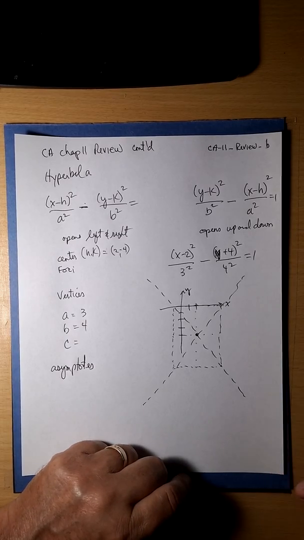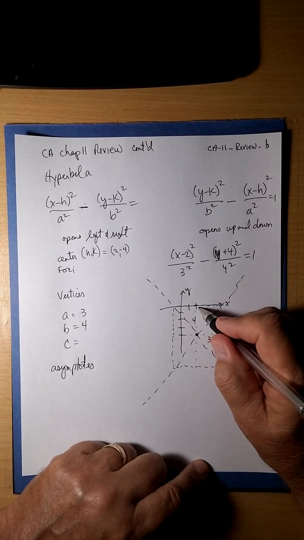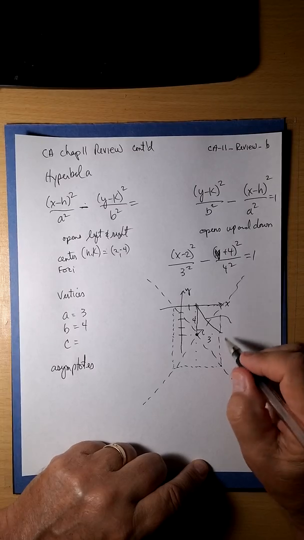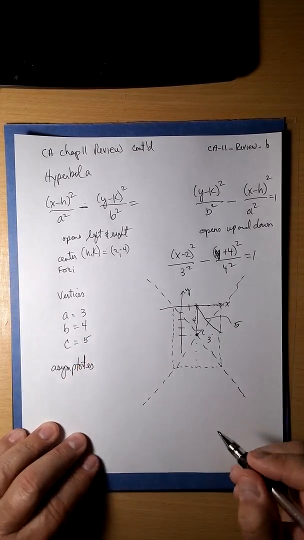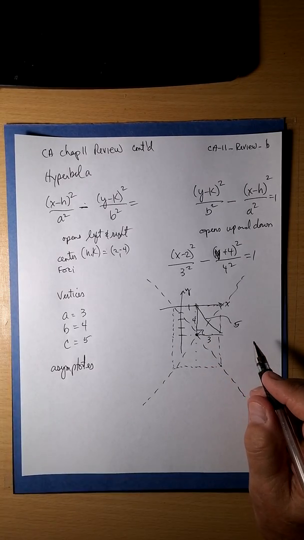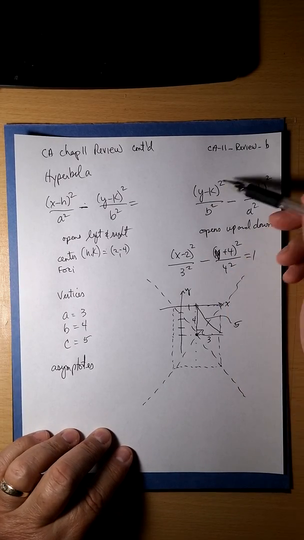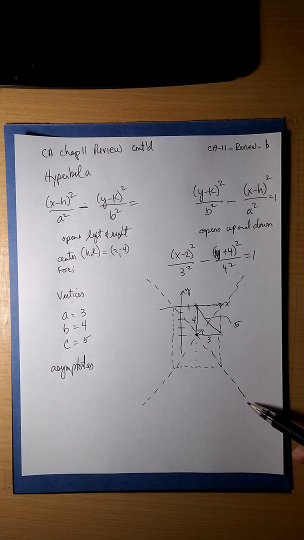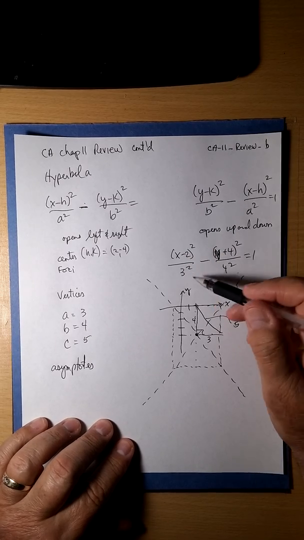And so up to this point, everything is the same. This is the 3, this is the 4. c will be this hypotenuse. So this is a 3, 4, 5 right triangle. Does that make sense so far? So good. If this were the (y minus k) quantity squared first, it would open up and down. But it is the (x minus h) quantity squared first.